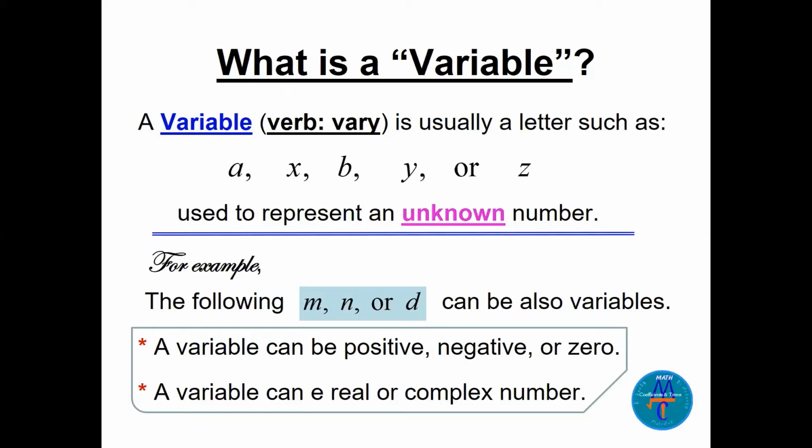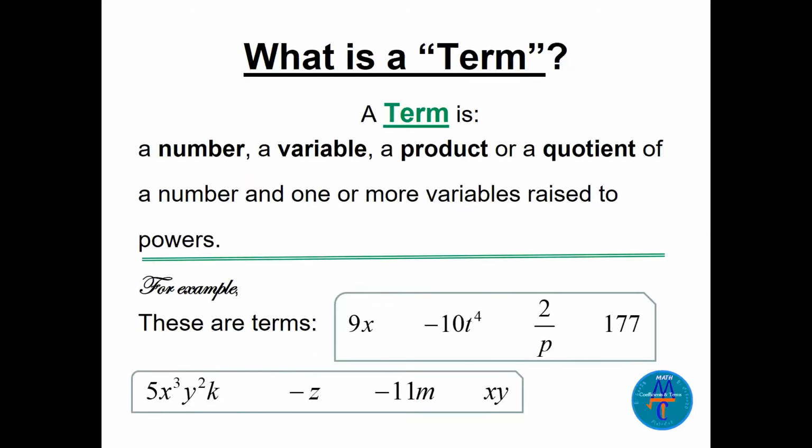So this is variable. What is a term? A term, listen carefully please here. A term is a number. So it can be 5, it can be 6, it can be 7, it can be 100, it can be minus 10. Term is a number. A variable also, it can be a variable.